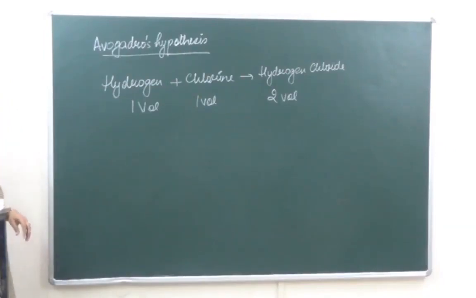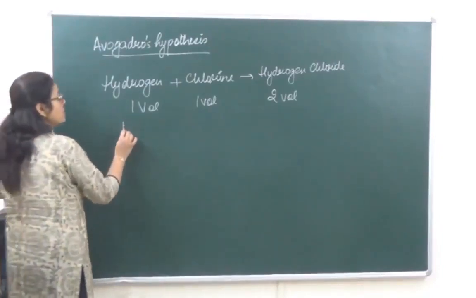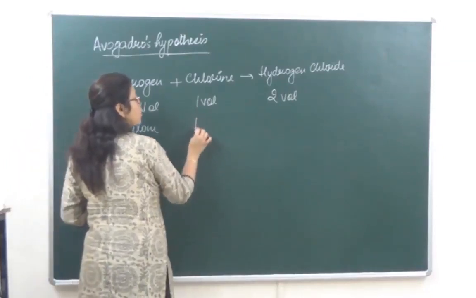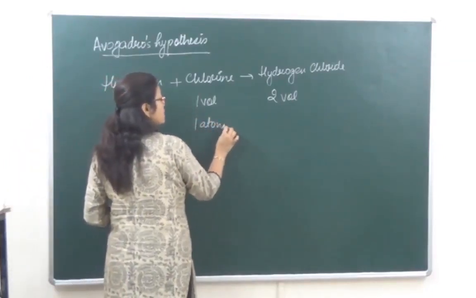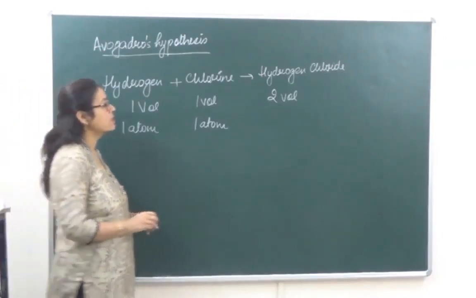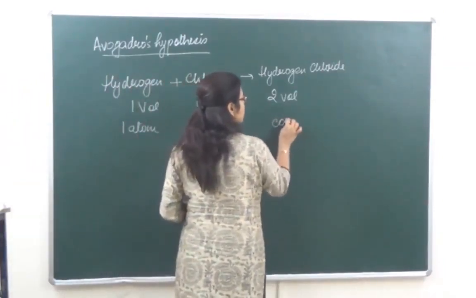And according to Dalton, what did he say? If one atom of this is combining with one atom of this, so that is going to give us what? It is going to give us a compound atom.